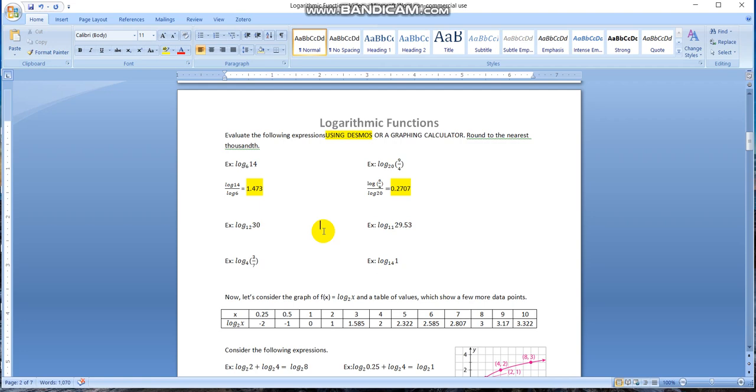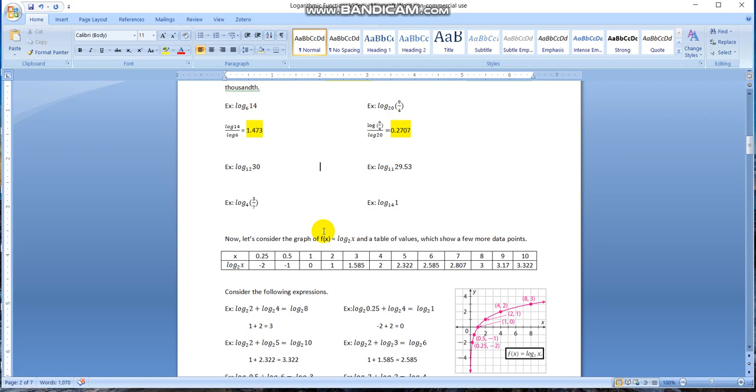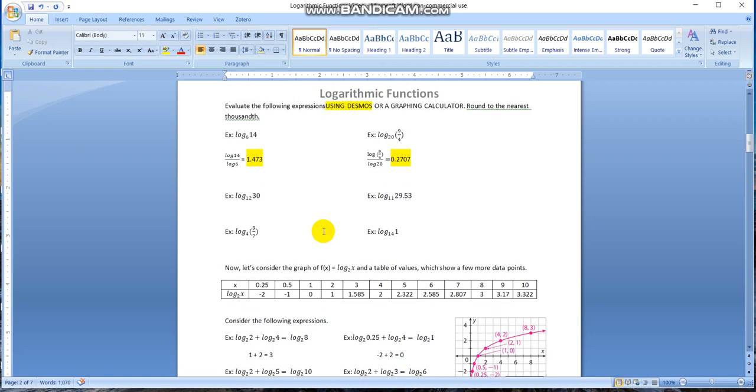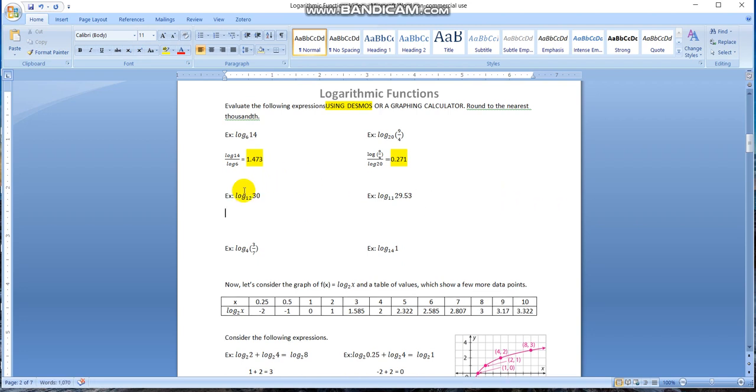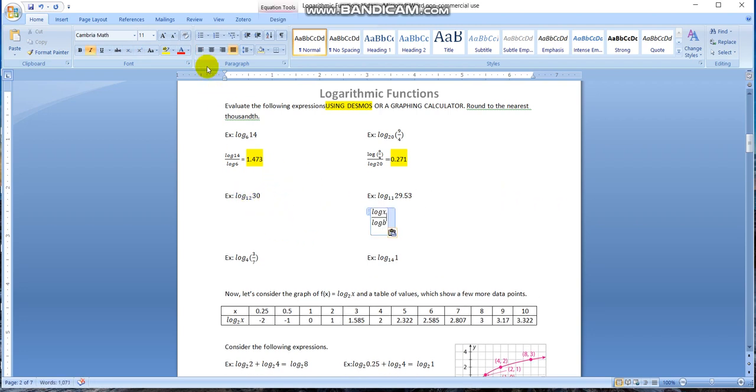Next, I can consider the other problem. Oh wait, sorry, this rounds to the nearest thousandth, so this is 7.1. Anyway, this one, log base 12 of 30, same idea.